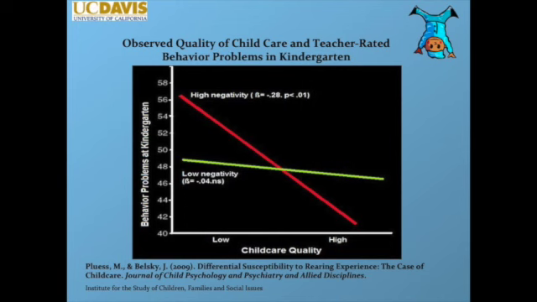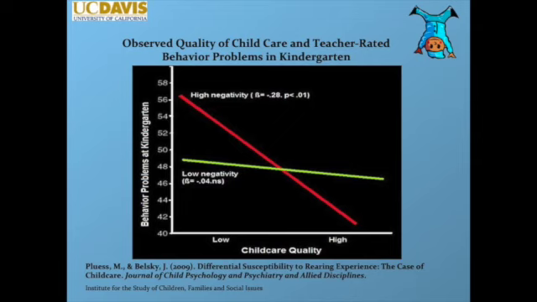Here we've done the same thing looking at quality of childcare. The kids who, at 3 and 6 months, had difficult temperaments are affected for better and for worse by better and poor quality childcare. The kids who aren't negatively emotional are not. The theory of childcare quality is it affects everybody.